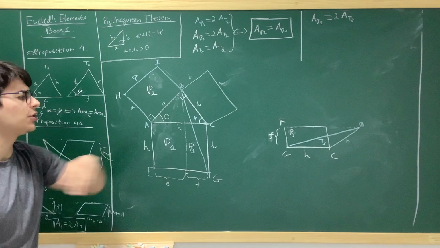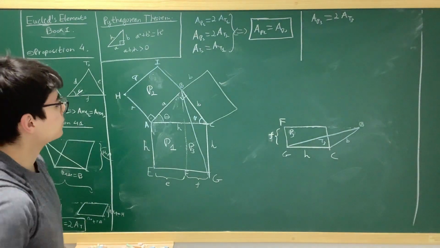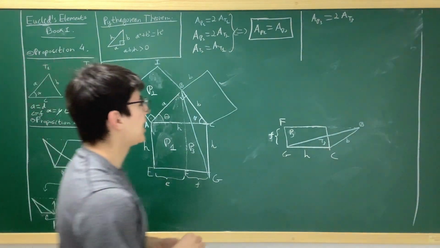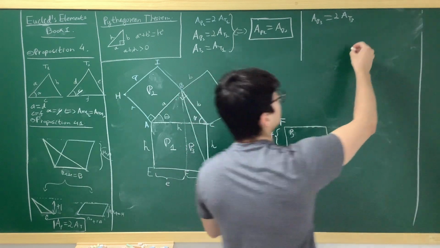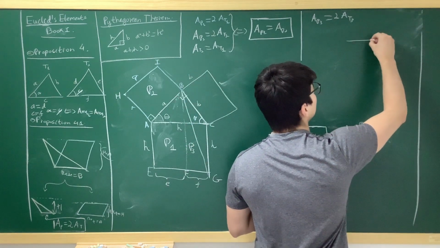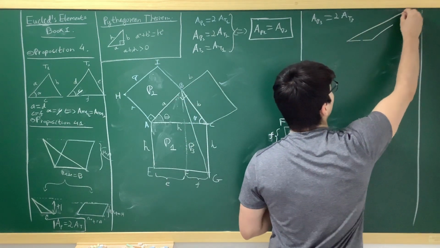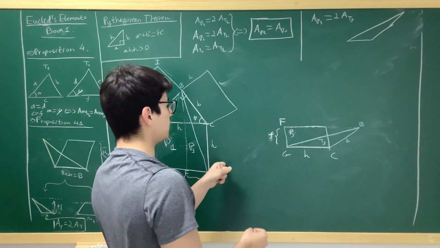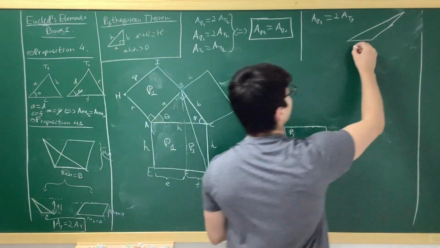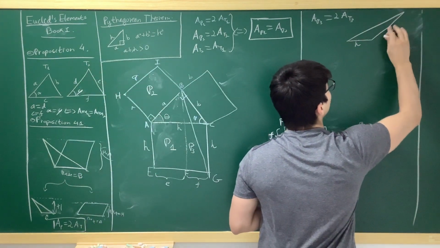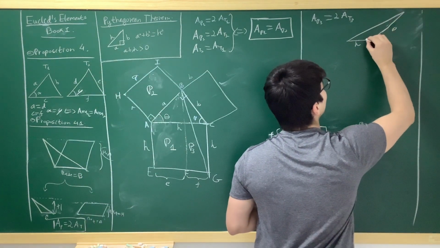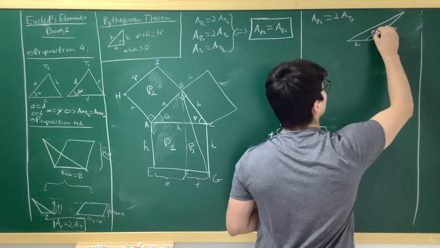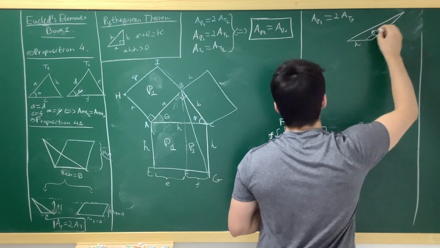When I write A, I just mean areas, okay? So again, we have that. And I am going to draw this triangle here because we will need it afterwards too. So, this triangle has base H and side B. So, H, B, and this angle, we're just going to call it gamma plus 90 degrees.